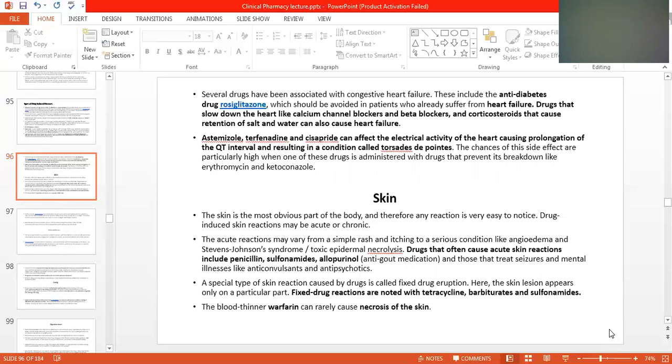The chances of these side effects are particularly high when one of these drugs is administered with drugs that prevent its breakdown, like erythromycin and ketoconazole.